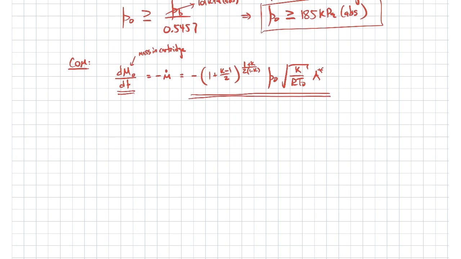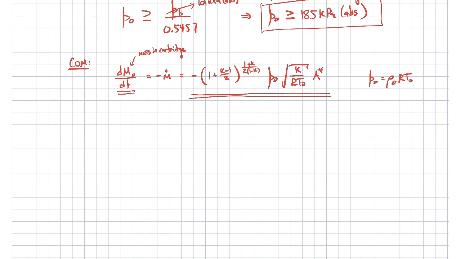And the thing is we just have to keep in mind that the stagnation pressure is going to change with time. So what I'm going to do is use the ideal gas law to rewrite this expression. So let's see, we're going to do P naught is equal to rho naught R T naught.